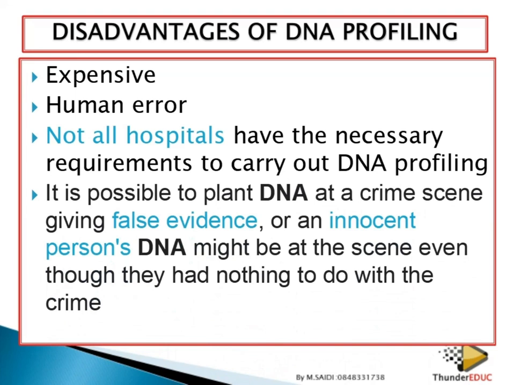Now, it is possible to plant DNA at a crime scene, resulting in false evidence. An innocent person's DNA might be planted at the scene by someone, and then the police will think that that person is the guilty party. So people are skeptical. They say you can't base convictions on DNA alone.